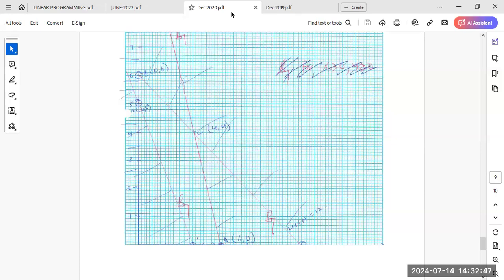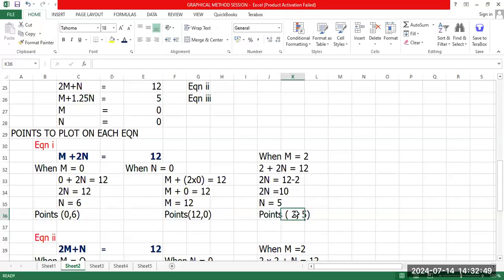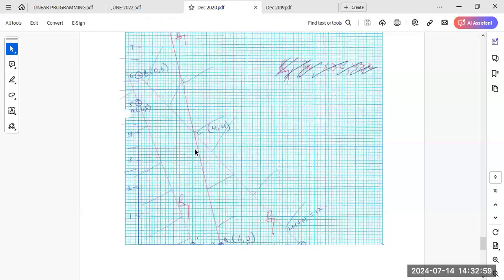If you also want to indicate this, before you join, you have to look for where 2 is, then 5 on the vertical axis. 2 can be somewhere around, then 5 can be around here, so that when you are joining, all your points will be on the same line. You just put a ruler and you see that it should not be a curve, it should be a line. You use the ruler, join all your points, and name the equation.